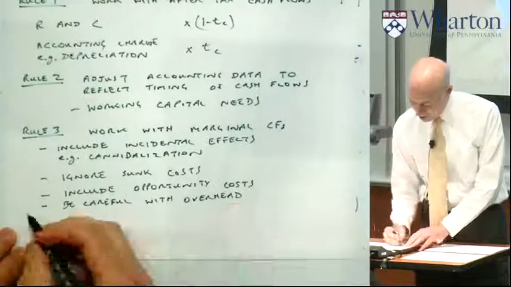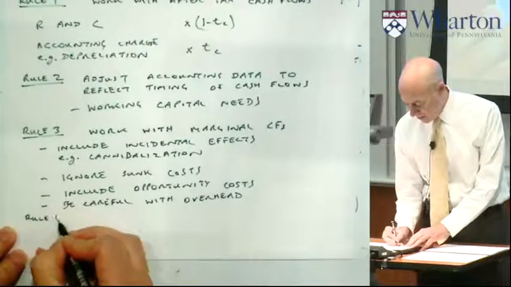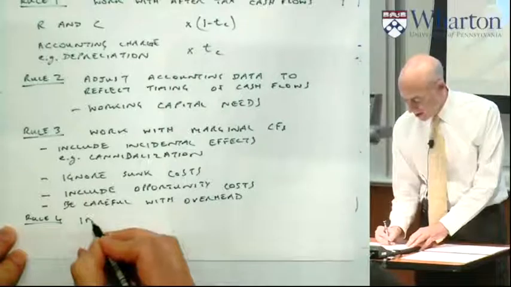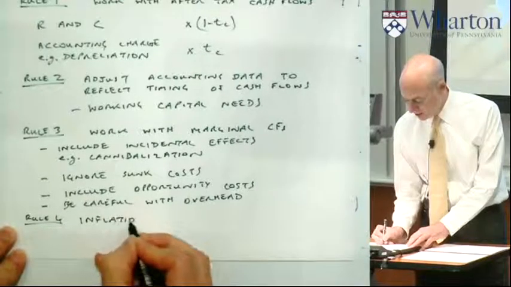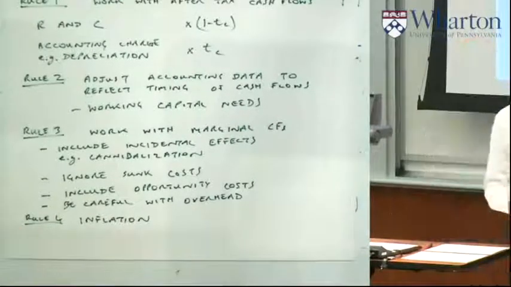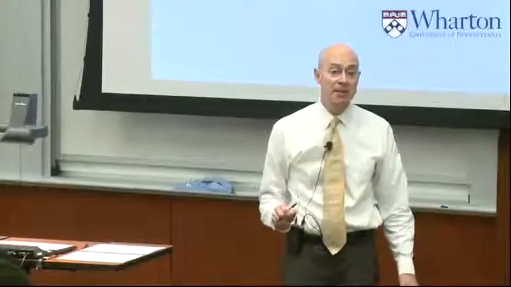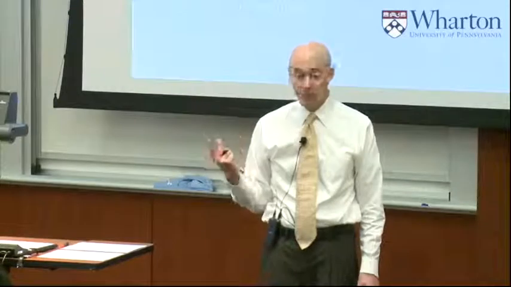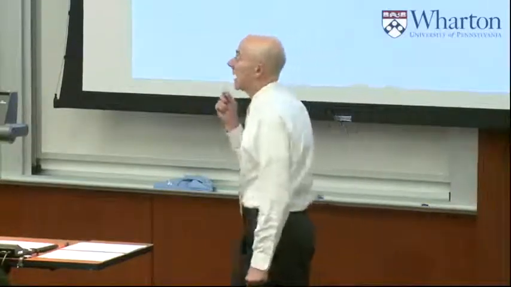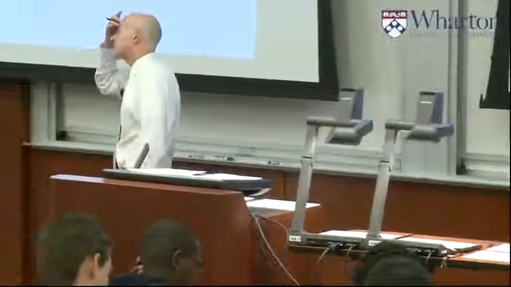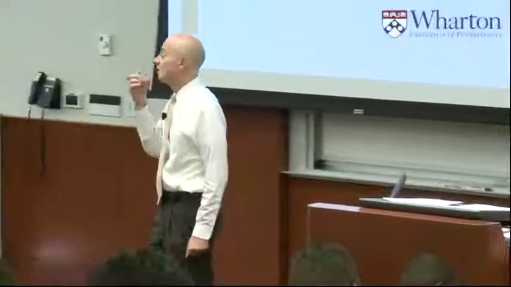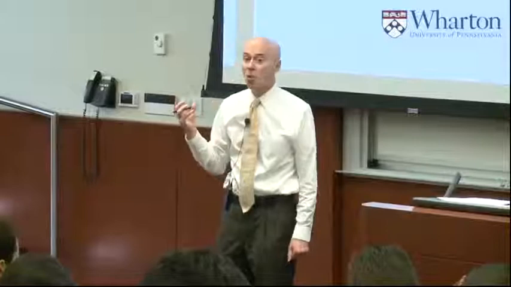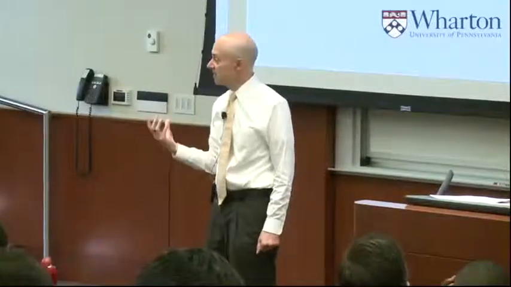Rule 4 was to do with inflation. What are the two ways of thinking about things if we're working in an inflationary environment? First one is nominal, and nominal is actual dollars, actual interest rates. And what's the second one? Real. Real is what would have happened in the absence of inflation.